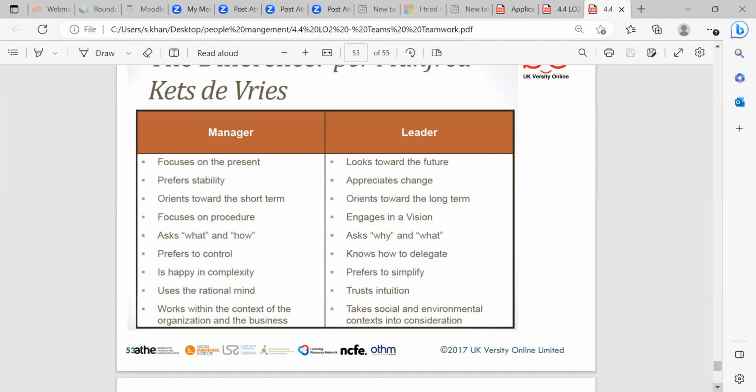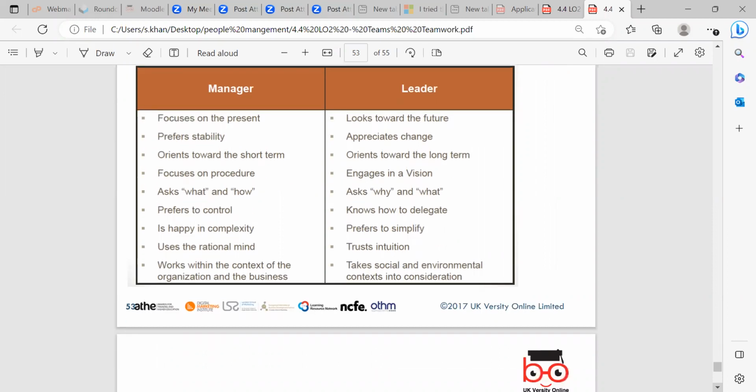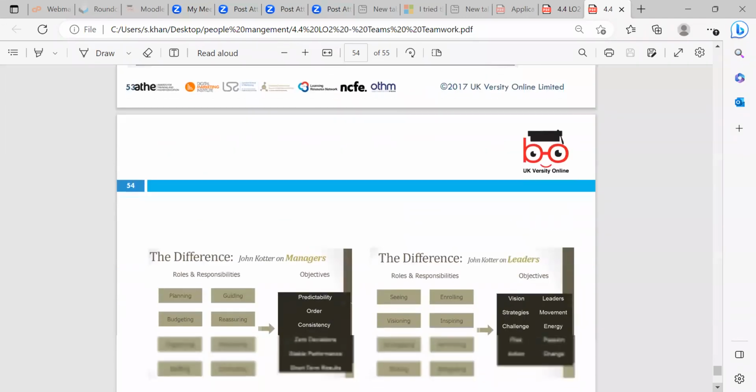The leader looks toward the future, appreciates change, orients toward the long term, engages in a vision, asks why and what, knows how to delegate, prefers to simplify, trusts intuition, and takes social and environmental context into consideration.